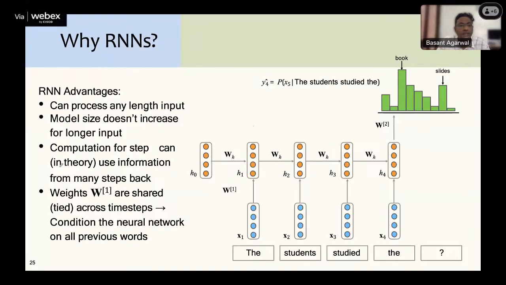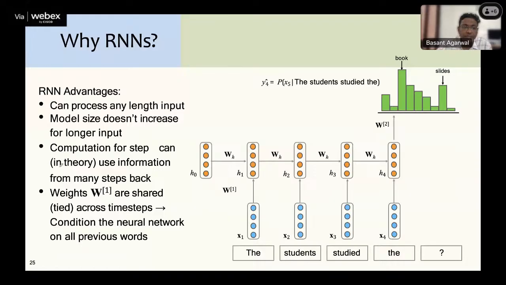Now just recapping the advantages of RNN. It can process any input length. The model size doesn't increase for longer input, so there is no need for fixed length input. Computation for each timestamp can use information from previous steps, but not much in a recurrent neural network. But we'll see other variants of recurrent neural networks in which we'll be able to use information from longer timestamps.